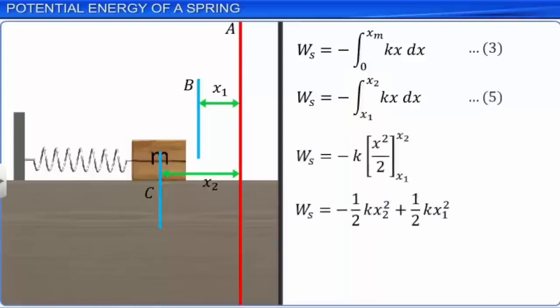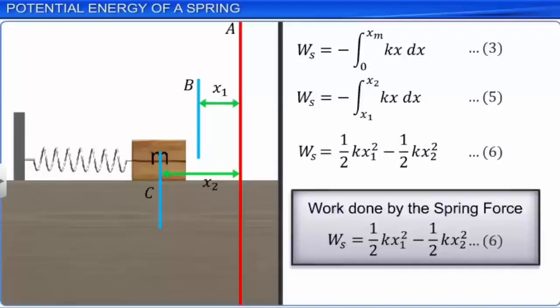Then the work done by the spring force will be equal to half kx1 square minus half kx2 square. Let this be equation 6. Equation 6, where W is equal to half kx1 square minus half kx2 square, indicates the work done by the spring force.